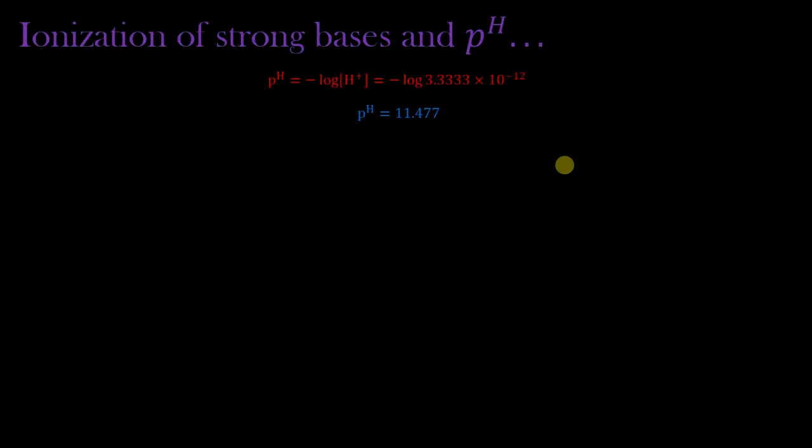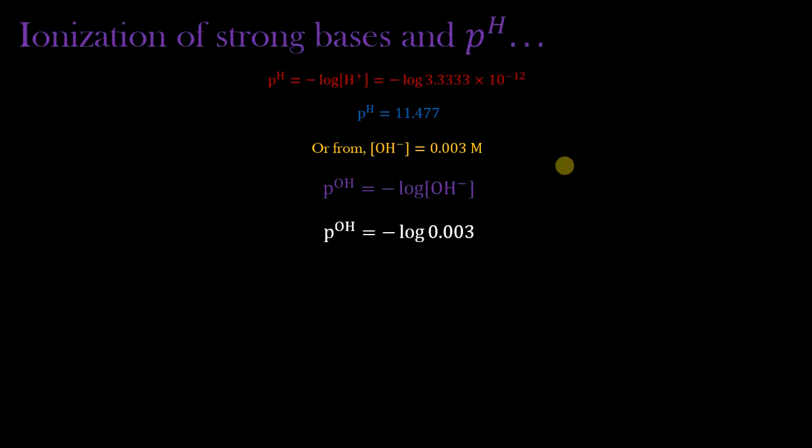Or if you don't use that approach, having obtained the molar concentration of hydroxyl ion, we would first calculate the pOH by saying our pOH is given by negative logarithm to base 10 of the molar concentration of hydroxyl ion. And the molar concentration of hydroxyl ion we obtained is 0.03.